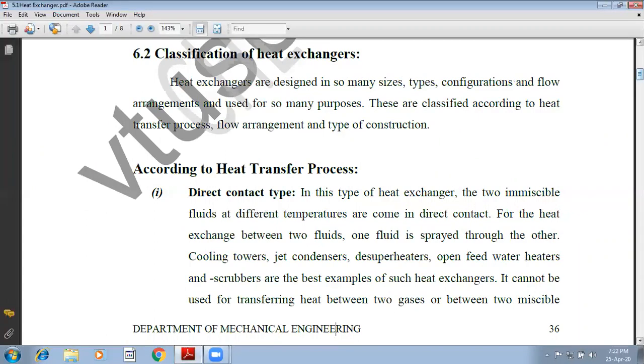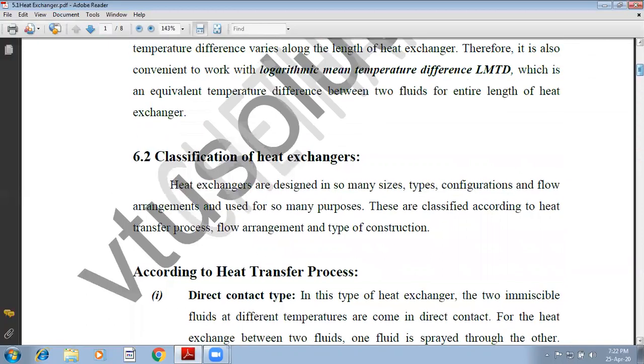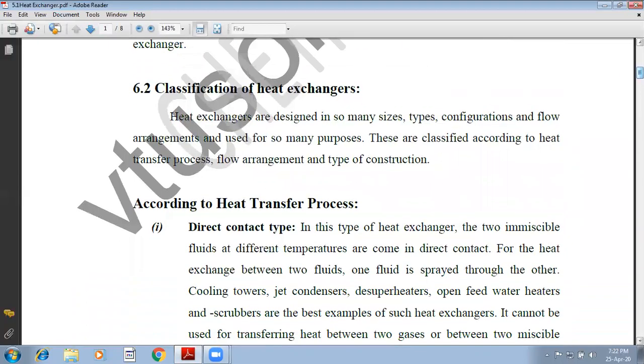Next, we have classification. We can classify heat exchangers based on the processes as direct type as well as indirect type. In the direct contact type, as the name itself indicates, the two fluids will contact directly.